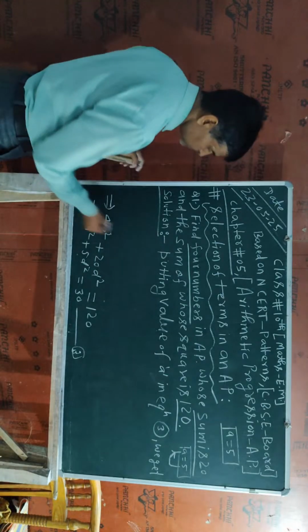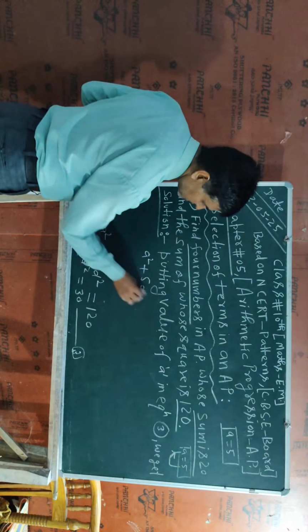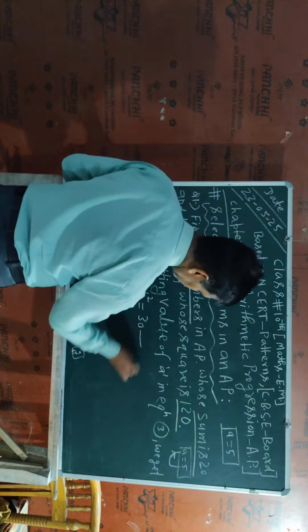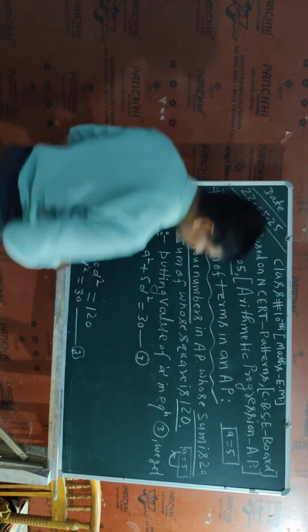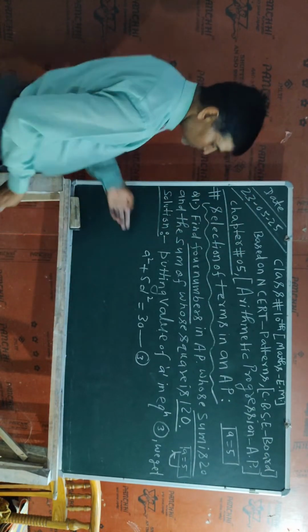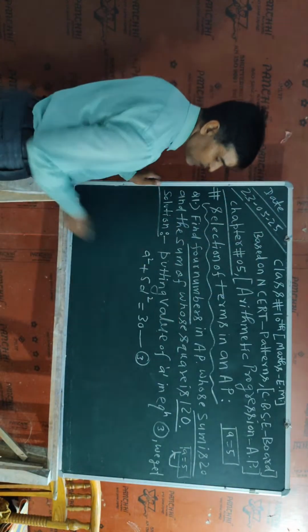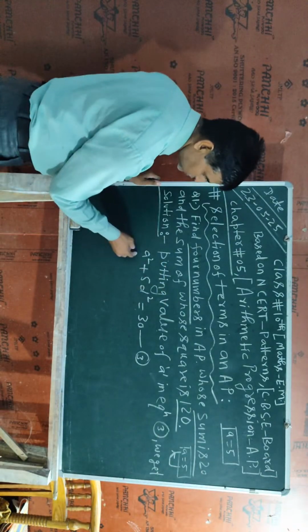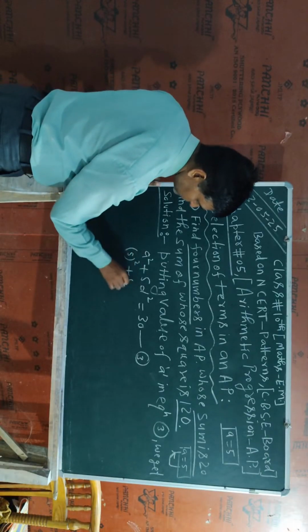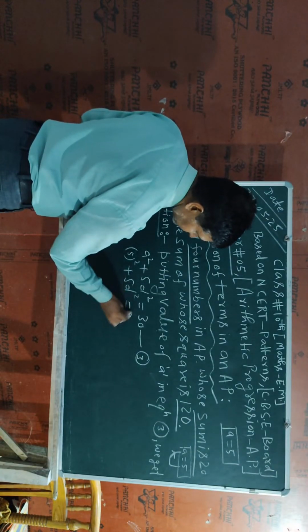So in equation number 3 I am going to write here a square plus 5b square which is equal to 30, and I have already said this is the equation number 3. Now here in the place of a I have to put 5. So here I will say 5 whole square plus 5b square which is equal to 30.